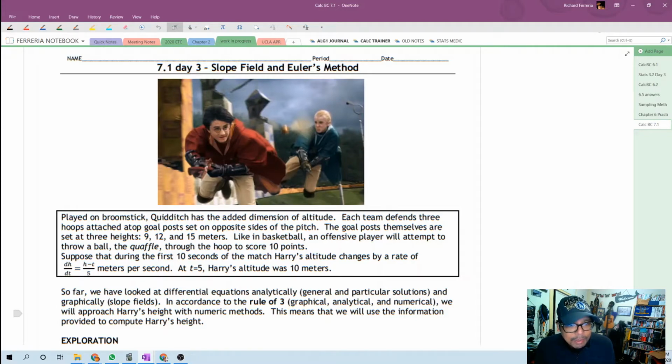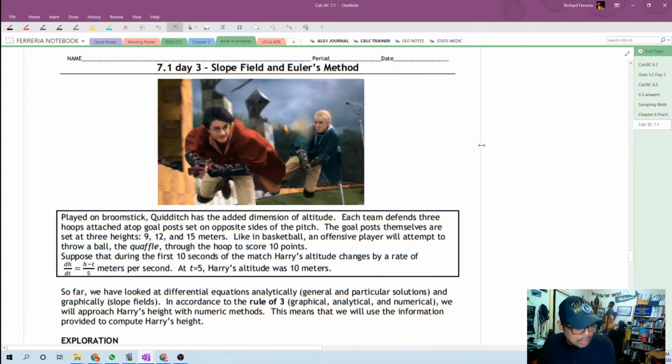Like in basketball, an offensive player will attempt to throw a ball, called a quaffle, through one of the hoops to score 10 points. So let's suppose that during the first 10 seconds of the match, Harry's altitude changes by a rate of h minus t over 5 meters per second. And at t equals 5, Harry's altitude was 10 meters.